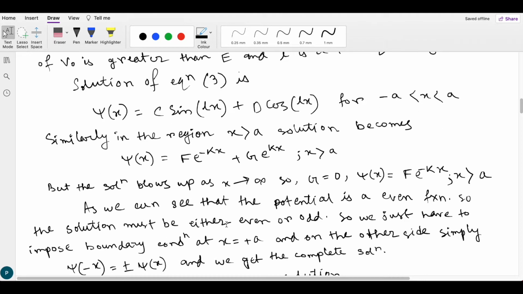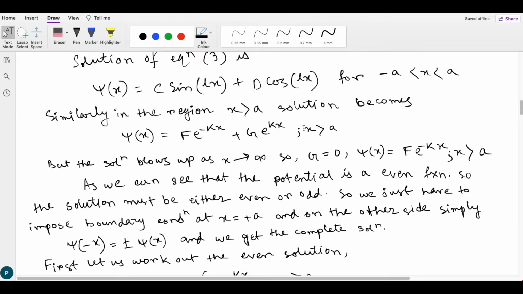Similarly, in the region x greater than a, the potential is 0, and the solution looks exactly like the solution to the left of the point x equals minus a. But here we have to put the limit of x tends to infinity.